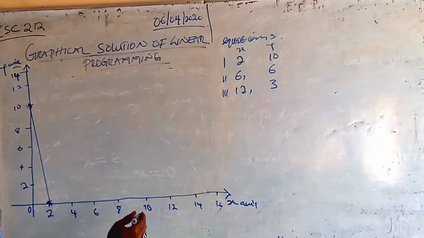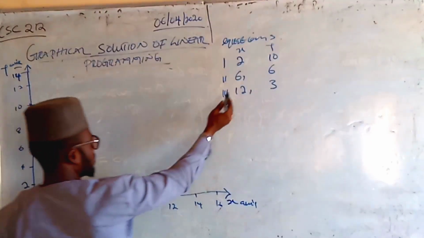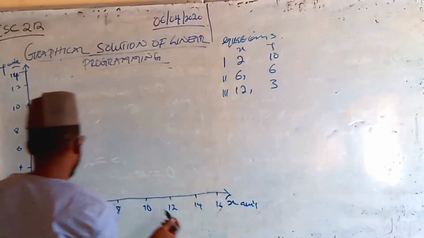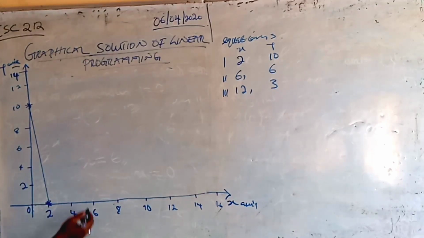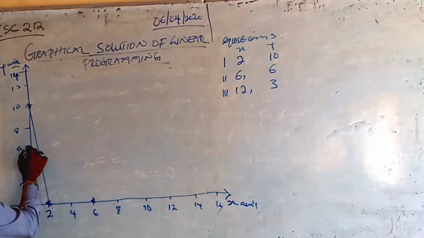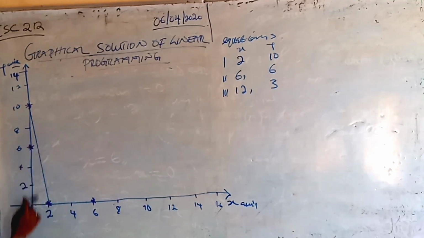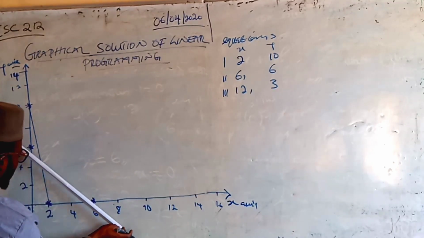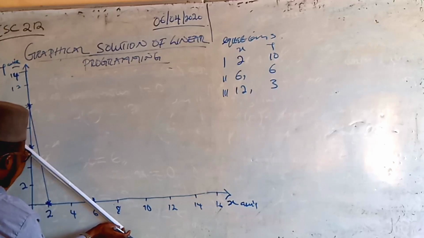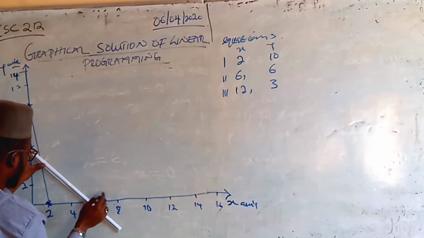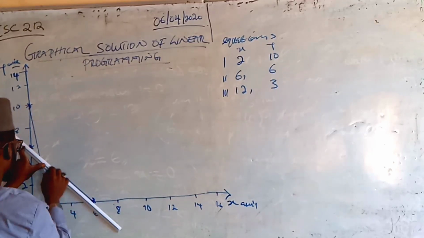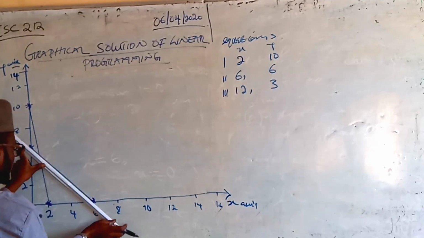Then for equation 2, when x is 6, y is also 6. So when x is 6, y is also 6. Then we are going to merge them together also.